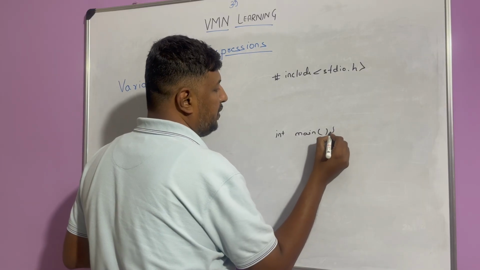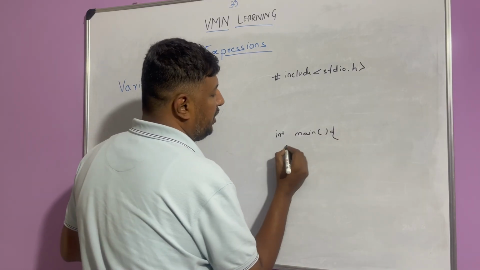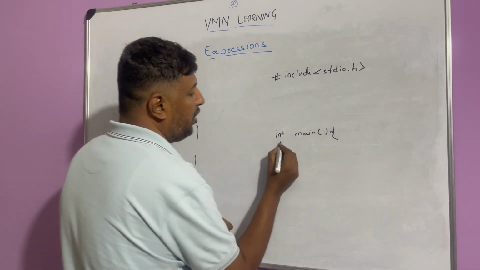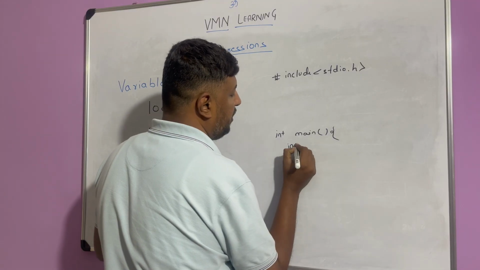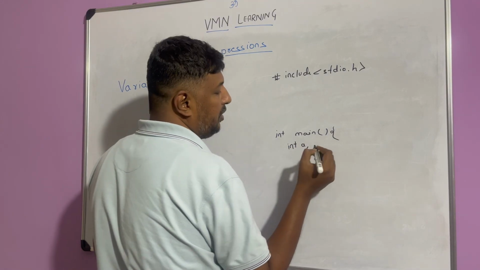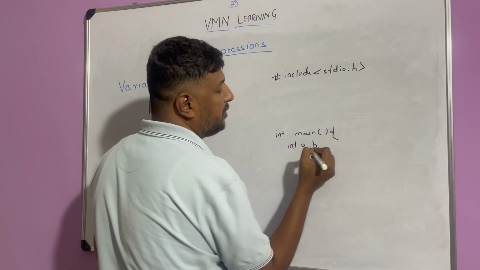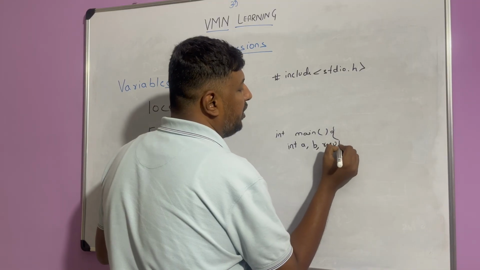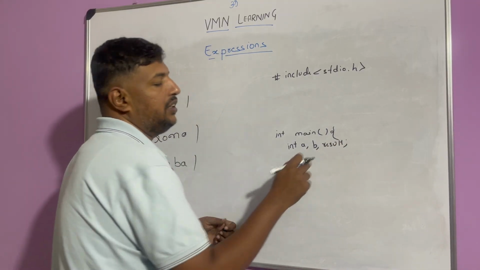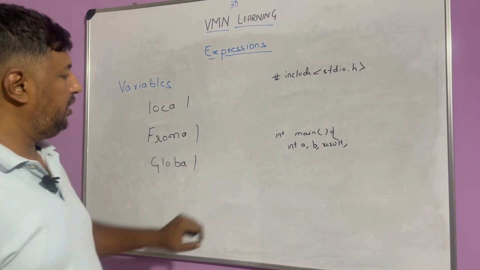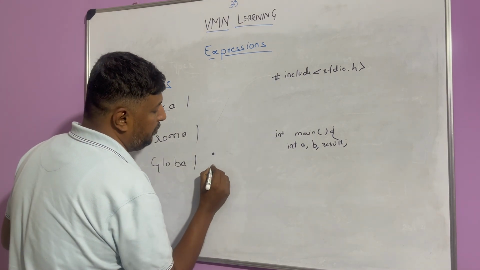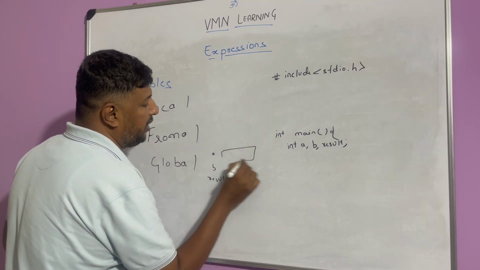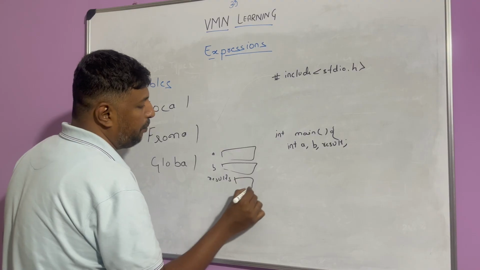This is going to start here. This is a simple addition program. int a, the first number, b, the second number, and result, the third integer. So 3 boxes for a, b, and result will be created, 8 bits each.